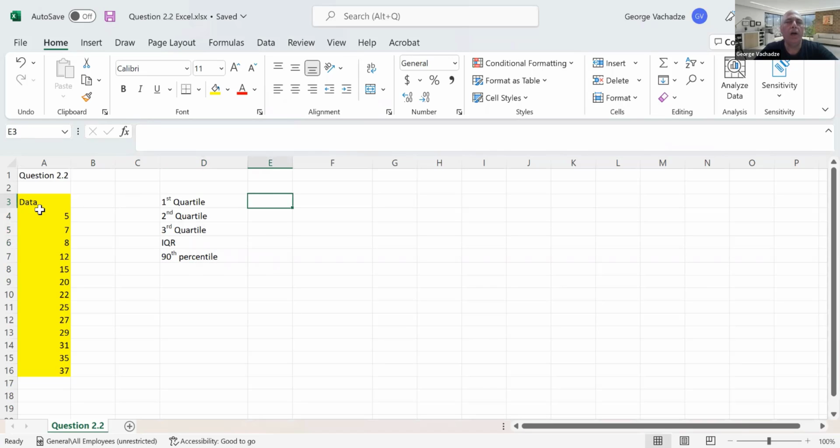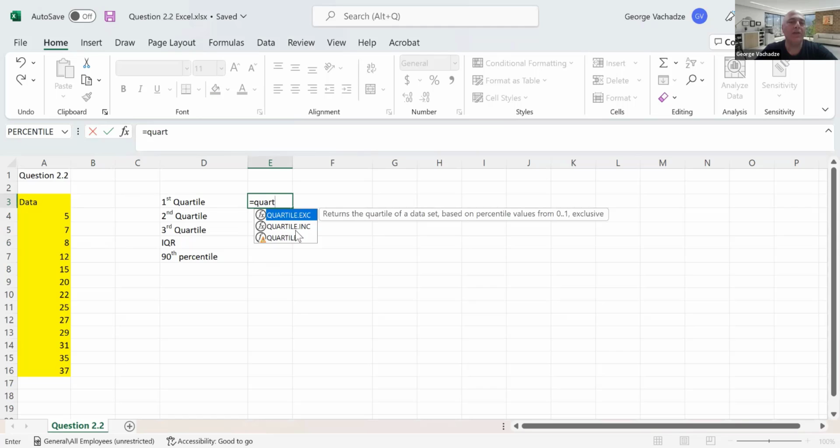To find the first quartile, I need to rely on the following Excel command: equals QUARTILE. There are three options. I don't want to go through what exclude and include mean, just rely on the traditional quartile function.